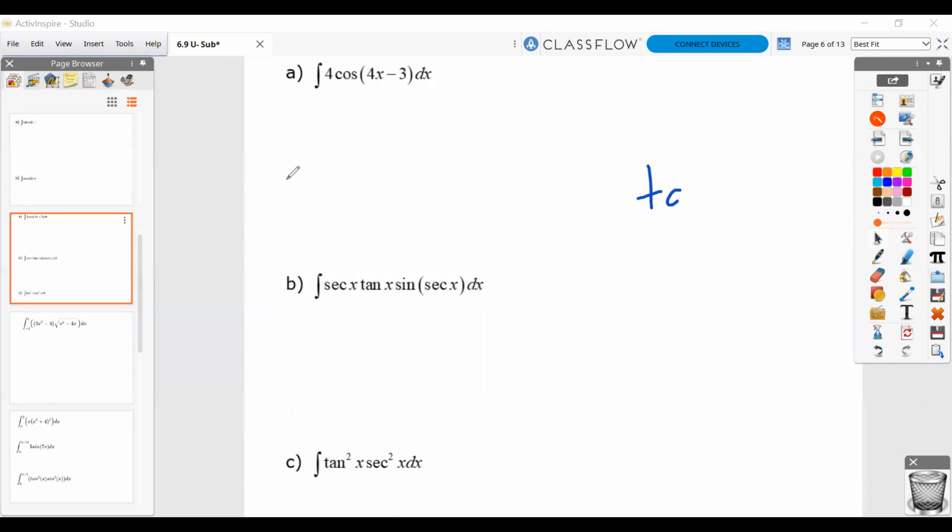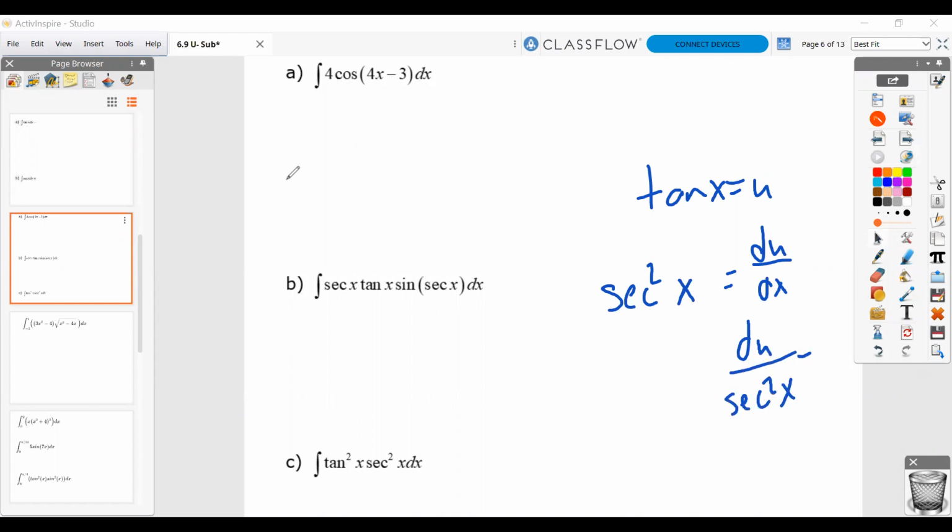So if we say tangent of x is equal to u, then du/dx is equal to secant squared of x, which means that du over secant squared of x is equal to dx. So now we sub in our u. This becomes the integral of u squared, and then this secant squared is going to cancel out with that dx.